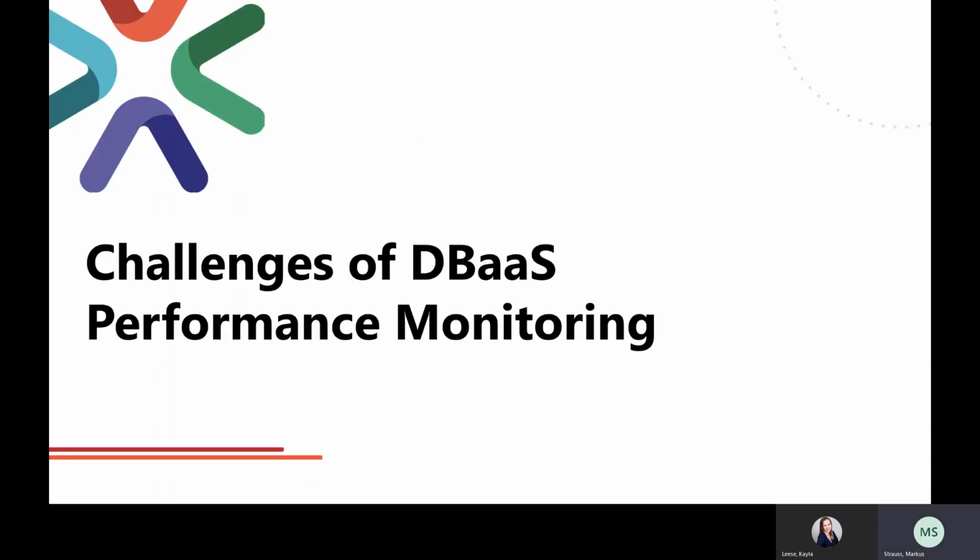So, challenges of database as a service performance monitoring. It's an interesting topic, right? We have moved from predominantly monolithic database stacks to much more nimble stacks in terms of database deployment and database usage.